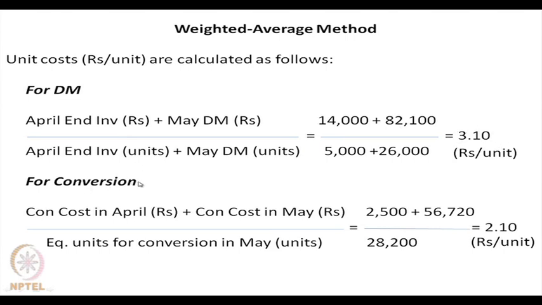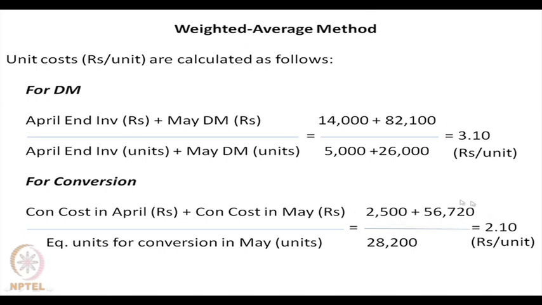For conversion costs, the equivalent number of units that received conversion was 28,200, and in May the conversion cost was 56,720 rupees, and in April the work in process that remained in the inventory in the forming department was 2,500.